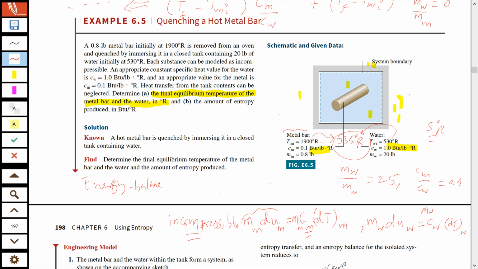Why is the change in water so small compared to the change in metal? For that, you need to look at two things: the specific heat values, and there is another factor as well, the mass.